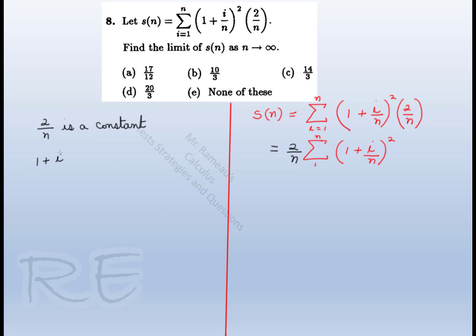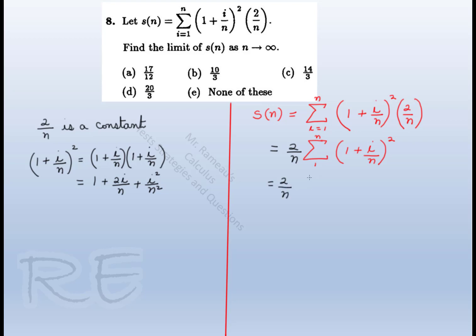Now (1 plus i over n) squared is equal to (1 plus i over n) times (1 plus i over n), which is 1 times 1, 1 squared, plus i over n plus i over n, 2i over n, and i over n times i over n, i squared over n squared.